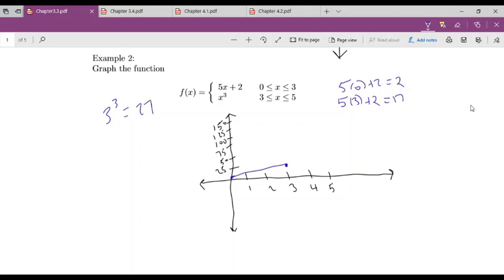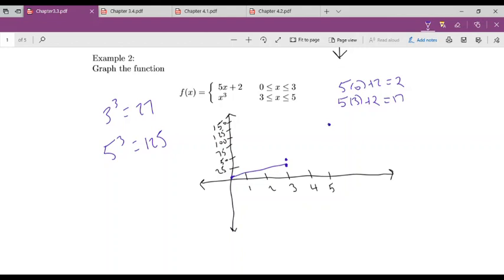So if I come over here to 3, I need to go up to 27, which is actually probably somewhere right here. Okay. If I plug in 5 to the third, like I said, 5 times 5 is 25, times 5 is 125. Okay, so I need to go up here, 5 and up to 125, which is probably somewhere right here.